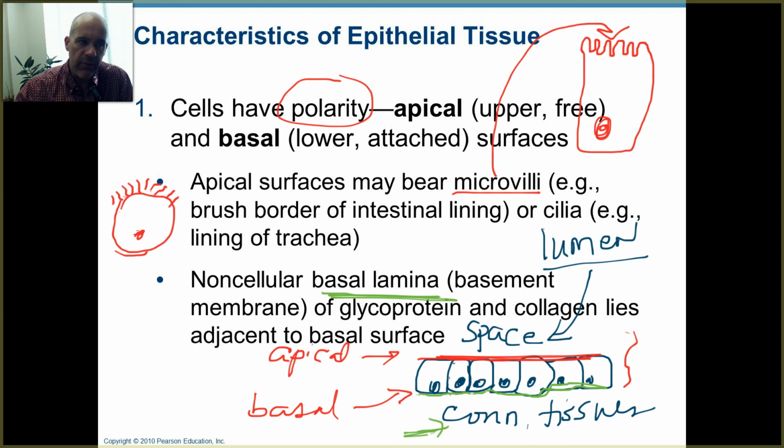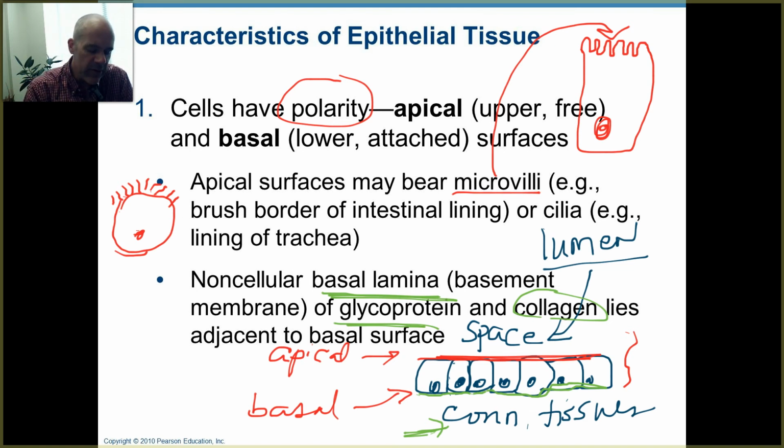It's built from glycoproteins, those are sugar protein combinations, and also collagen. Heard of collagen before? Collagen is not just something that Angelina Jolie gets injected into her lips to make them look nice and puffy. Collagen is actually a very abundant tissue in your body that has some important roles that we'll learn more about when we study connective tissues.